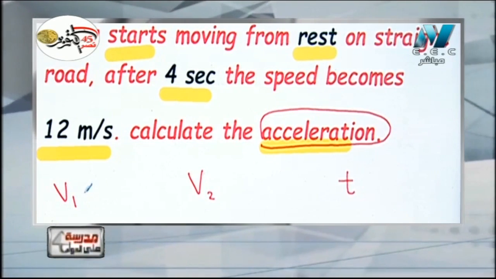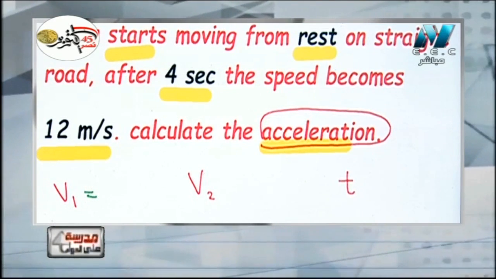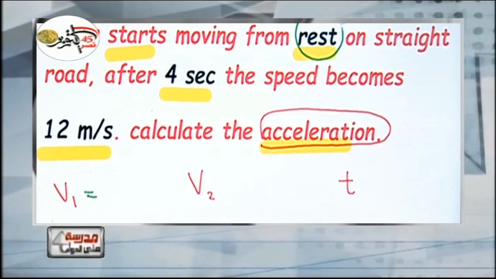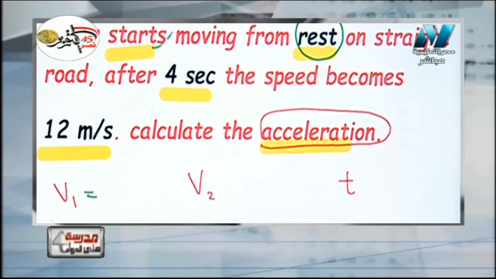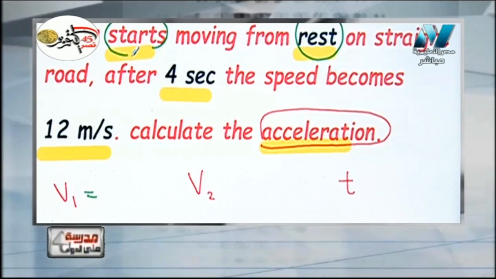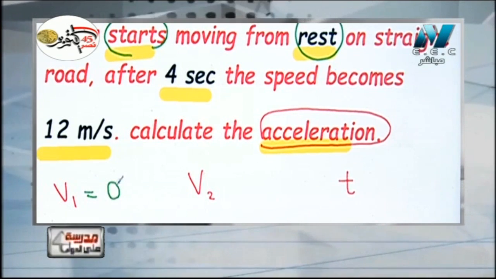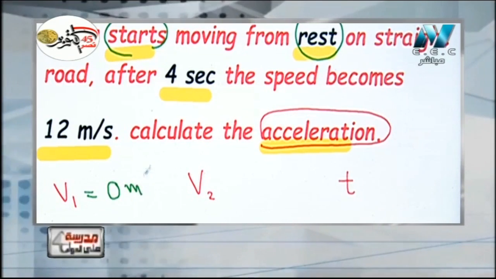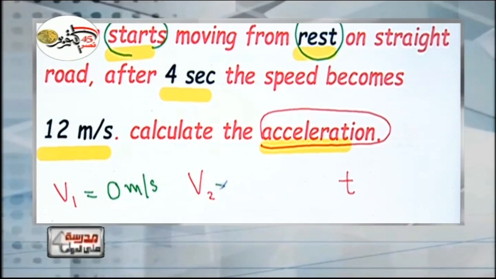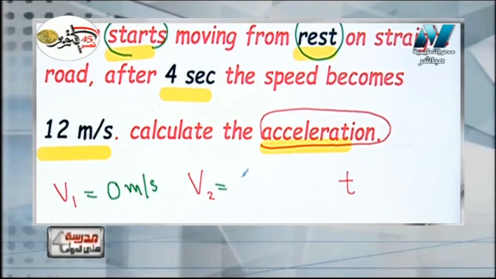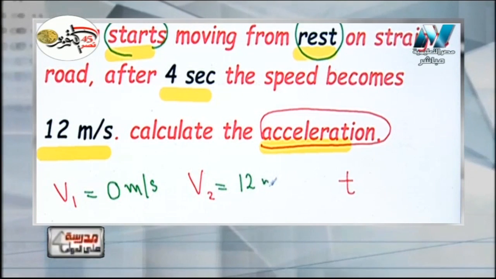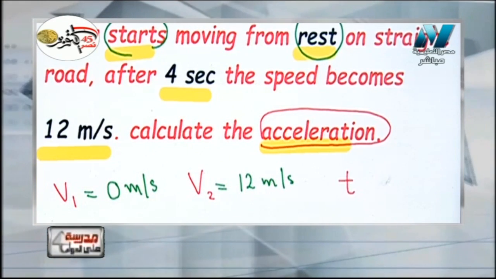V1 equals 0 meter per second, because the object starts from rest. V2 equals 12 meter per second. And T equals 4 seconds.